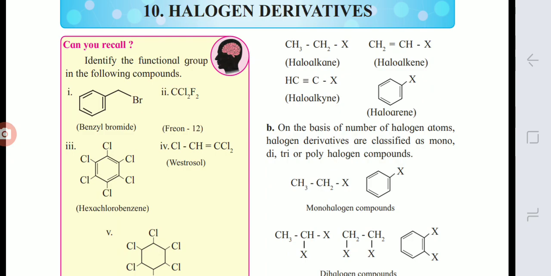CH3CH2X means in ethane, if you replace one hydrogen by a halogen, your compound becomes haloethane. And in halobenzene, again we replace one hydrogen by one halogen. So these two compounds contain one halogen, so they are monohalogen compounds.